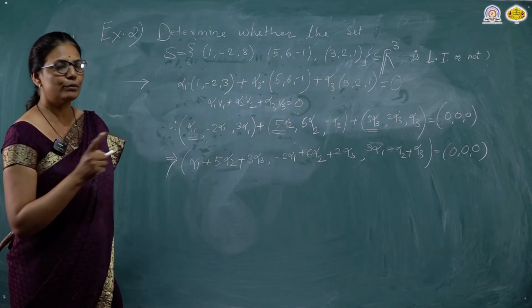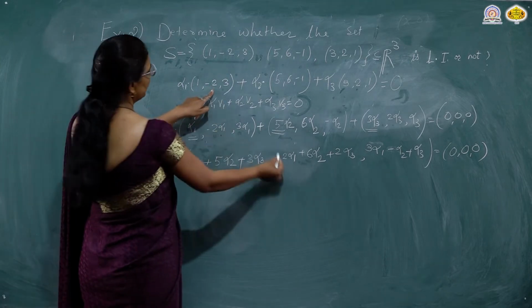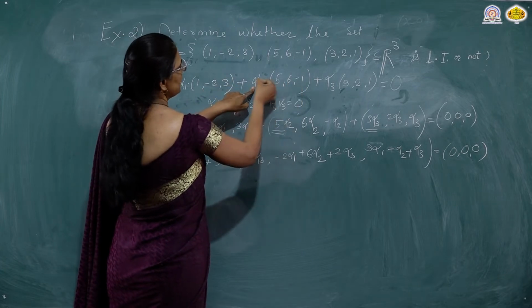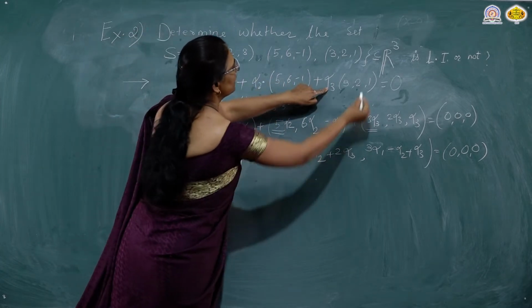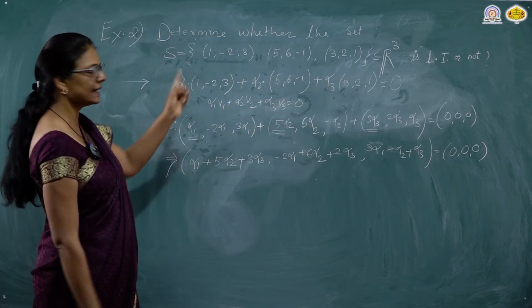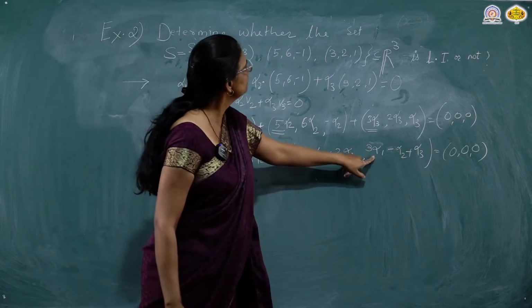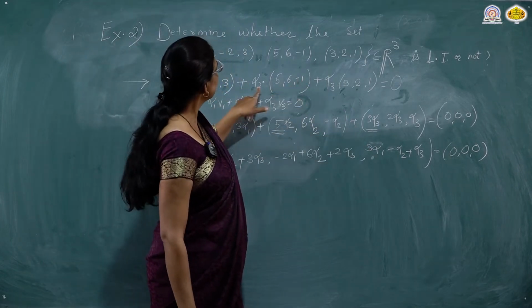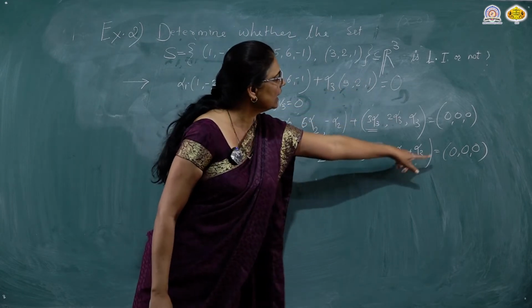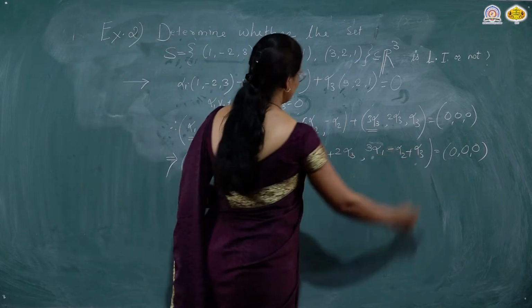This is our first component of the left hand side. Next component is minus 2 times alpha 1, 6 times alpha 2 and then 2 times alpha 3. This second one is complete. Write the last one, 3 times alpha 1, then minus 1 times alpha 2 plus 1 times alpha 3, equals the 0 vector of R3.